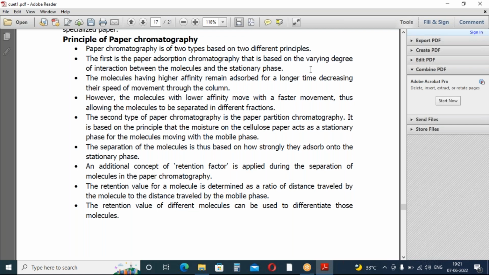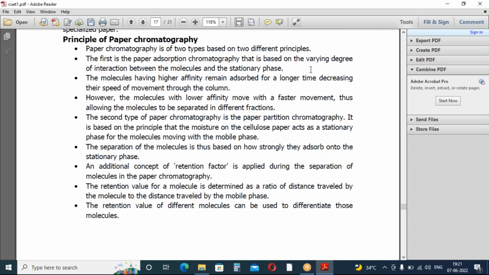I think you know the procedure of paper chromatography. The molecules with lower affinity move faster, whereas those with higher affinity are adsorbed for a longer time, which decreases the speed of movement. Paper chromatography is also of two types: ascending paper chromatography and descending paper chromatography.